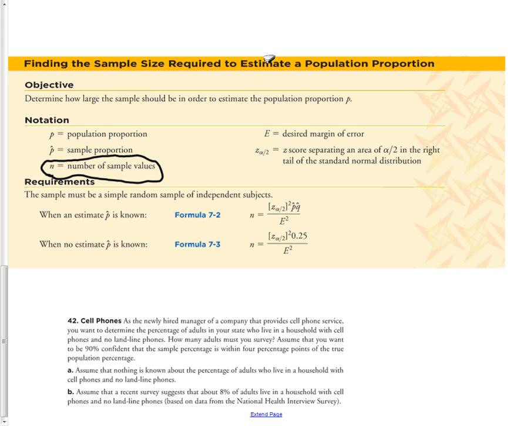And here are the requirements. The sample must be a simple random sample of independent subjects. And if we know p hat, let's say we did a prior survey or prior sample, or we spoke to some expert and he told us, I think that the proportion of Democrats at Palm Beach State College is, I don't know, 48%.